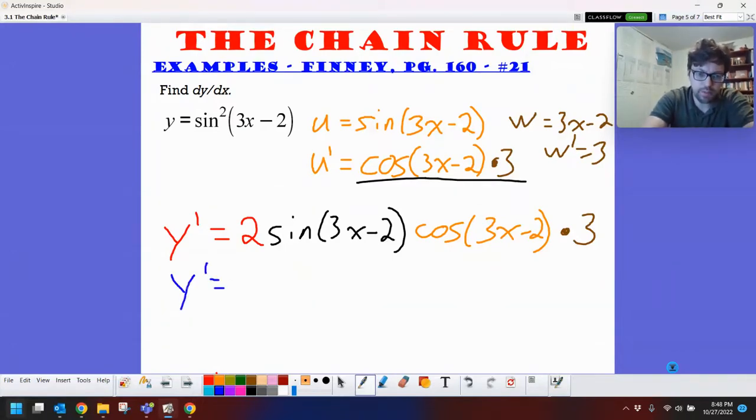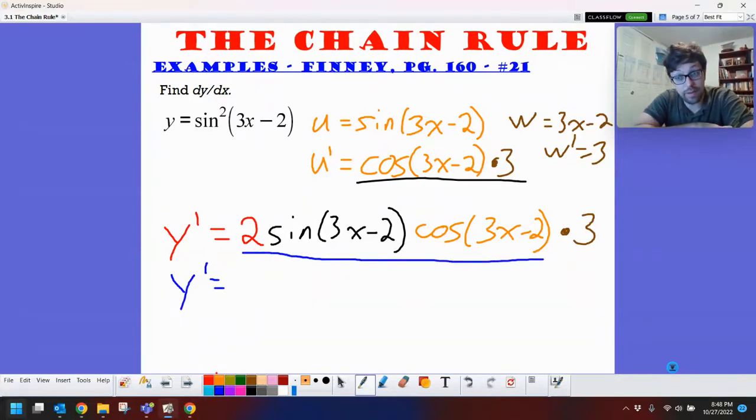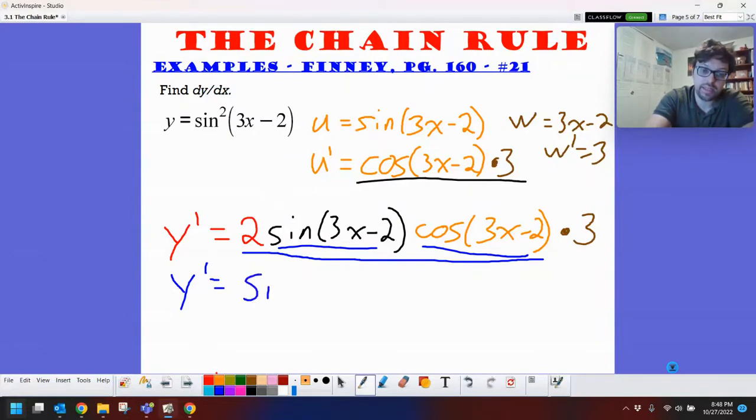Y prime can be written as, well, this piece right here. You might or might not remember it, but that is sine double angle. Sine double angle says if you've got a 2 and then sine and cosine with those insides being the same, we can rewrite that as a sine of 2 times 3x minus 2, and then multiplied by this 3 that was left over here.